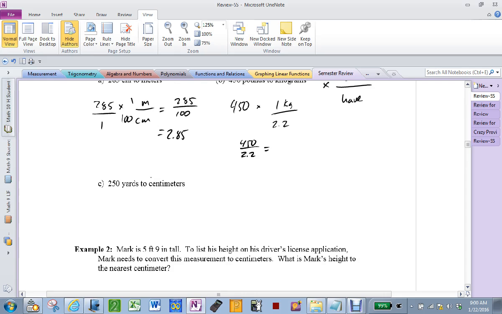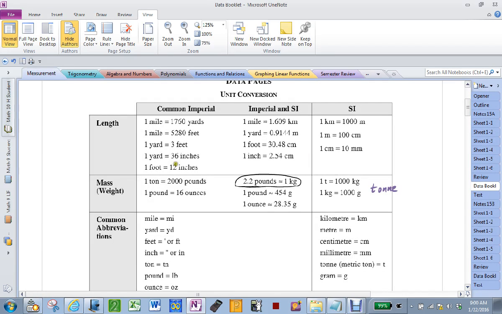Yes, there is more than one way to skin a cat. Of course, I would do yards to meters and then just move the decimal place. So I go to my data booklet and I see that 1 meter is 0.9144 yards.